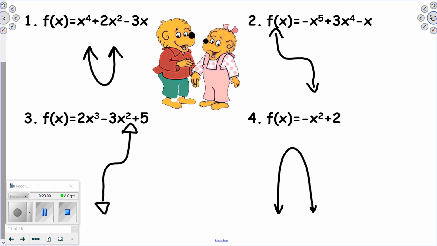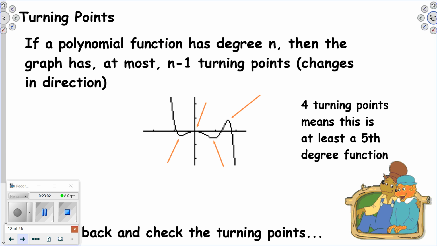All right. Last thing we need to talk about are turning points. Because like I said, we know what the ends are doing, but what's going on in between? Maybe not always sure, right? A polynomial with a degree of n will have at most n minus 1 turning points, or changes in direction.